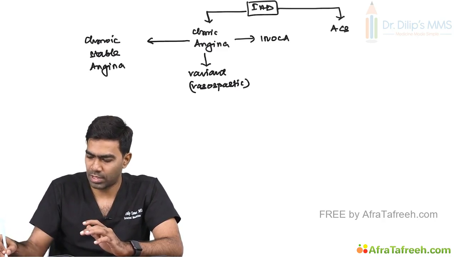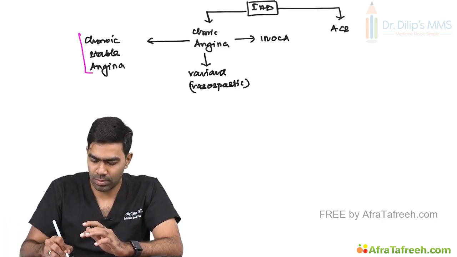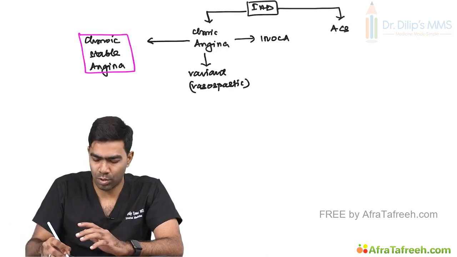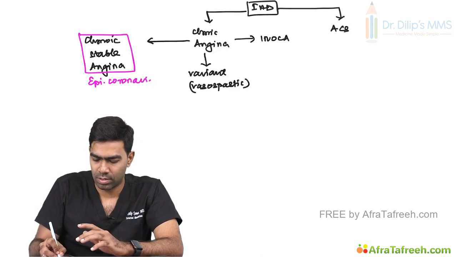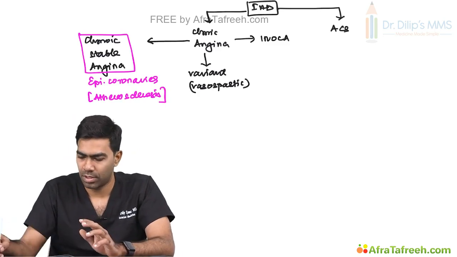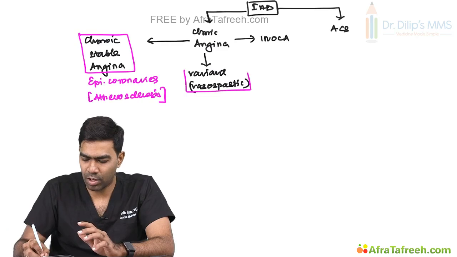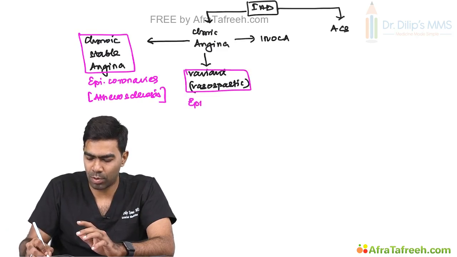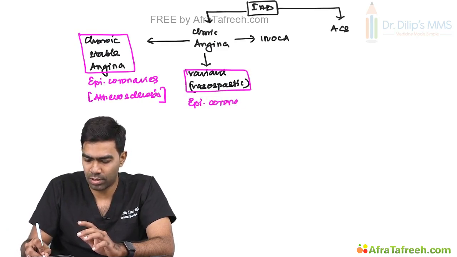So what is the problem in the setting of a chronic stable angina? Chronic stable angina basically is due to problem in the epicardial coronary vessels, which are typically affected with atherosclerosis and resulting stenosis. That's the problem with the chronic stable angina. On the other hand, if you take the variant or vasospastic angina, here again the problem will be in the epicardial coronaries only.